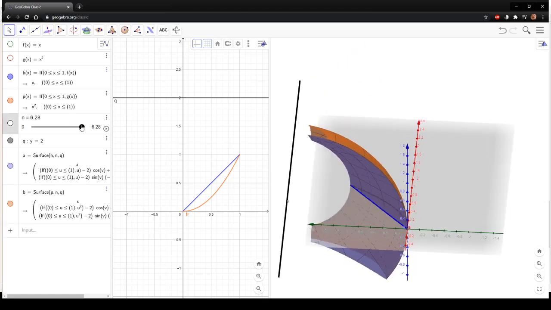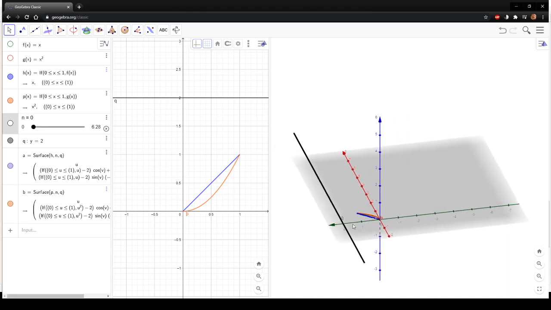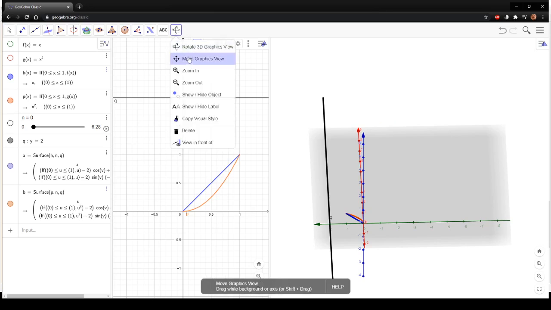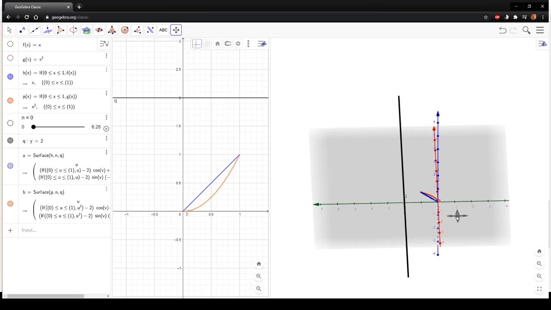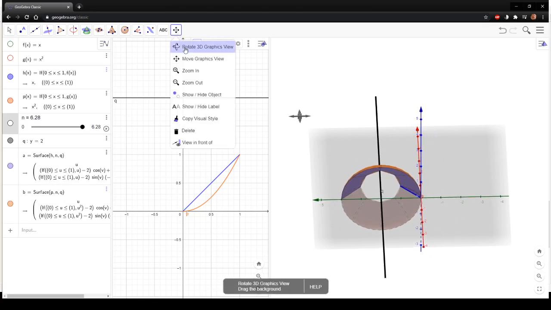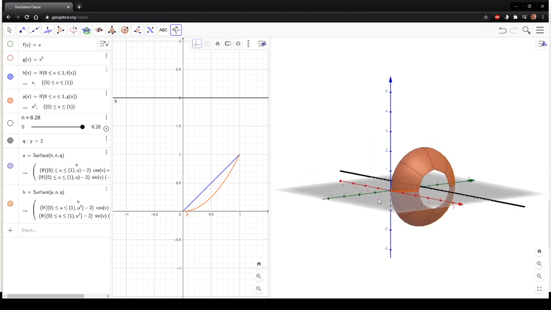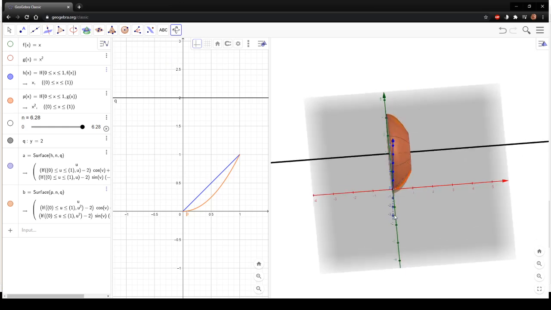And let's see what that looks like. So, something like that. So that's pretty cool.